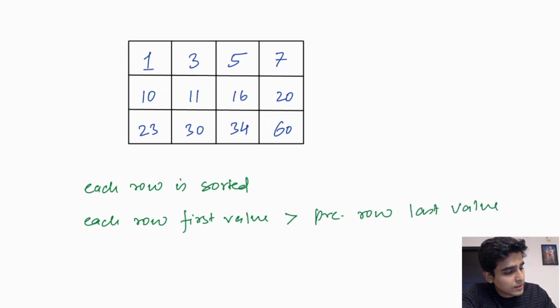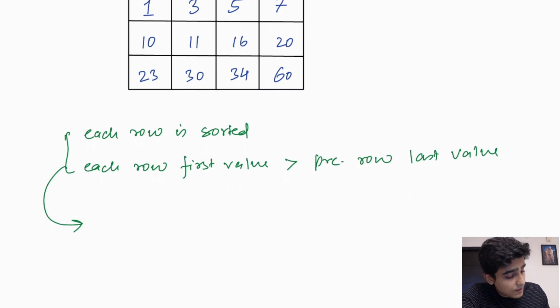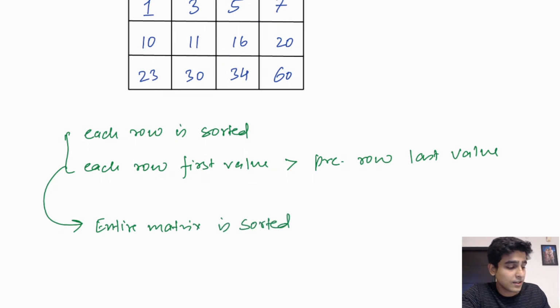If you combine these two points together, what will you get? We can say the entire matrix is sorted.